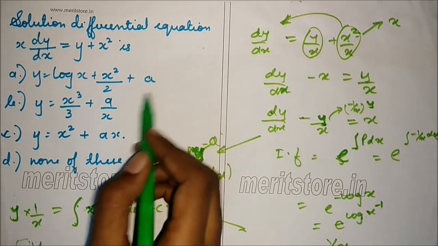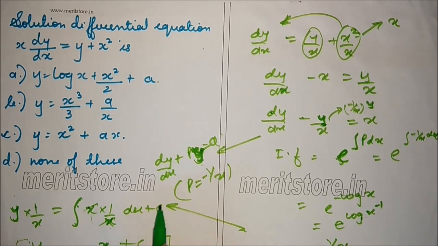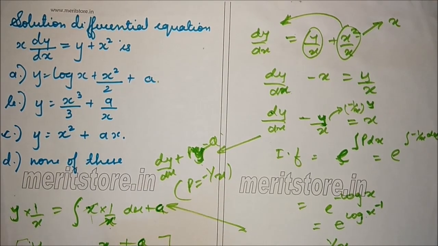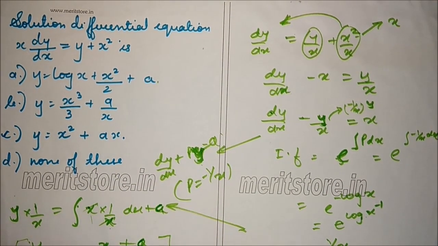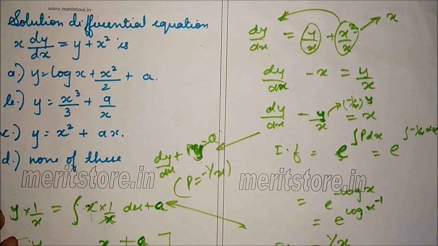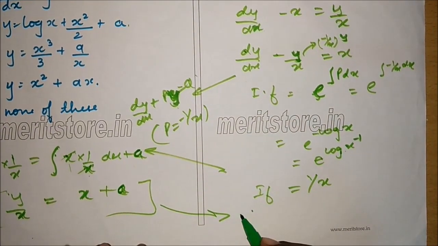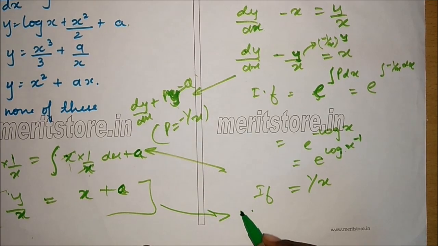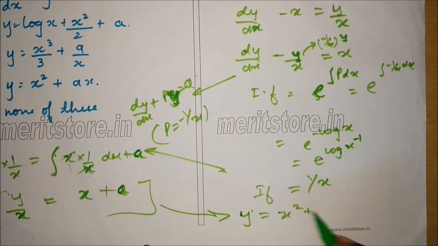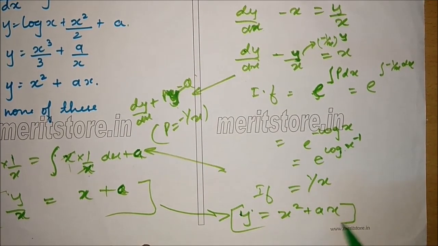In the options we are using a instead of c, so we'll use a as the constant. So y/x = x + a. Multiplying throughout by x, we get y = x² + ax, which is option C.